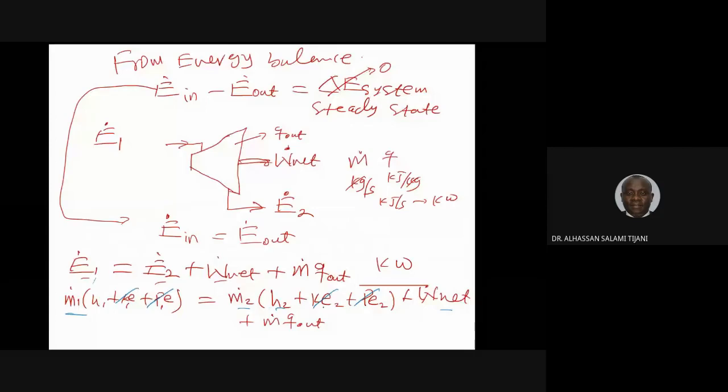Now we can express W net in this form: W net equals the mass flow rate of the fluid times (H1 minus H2) plus Q out.